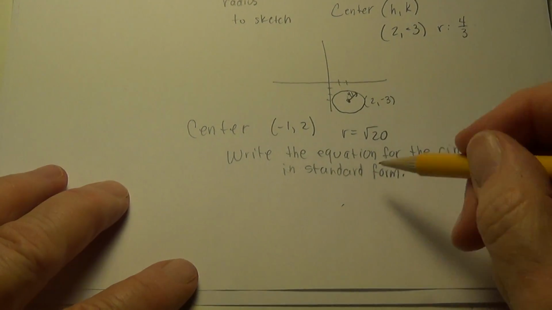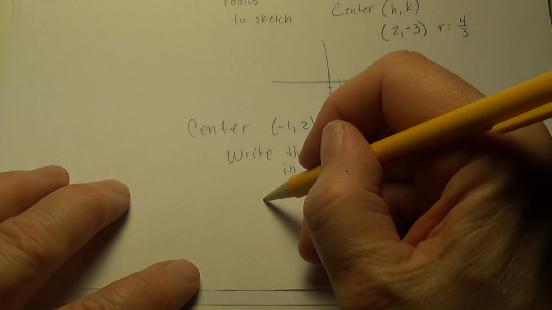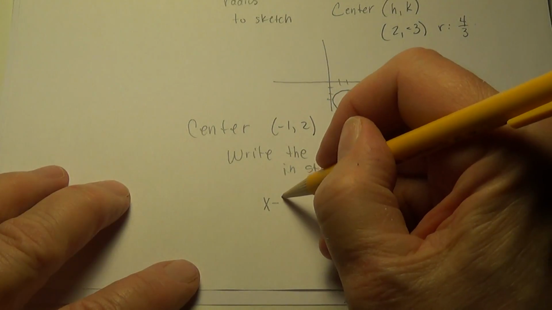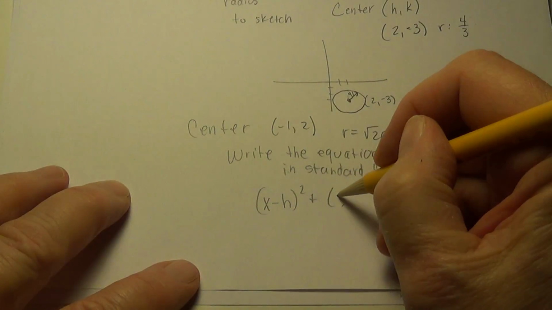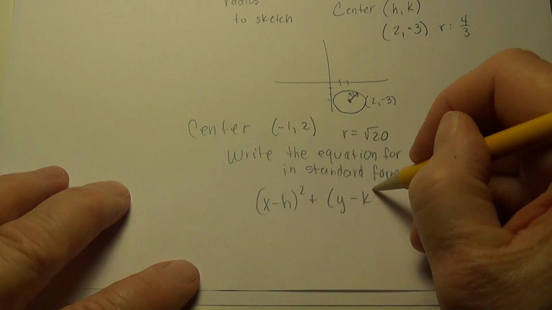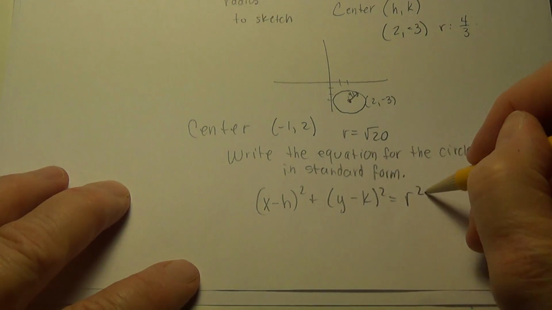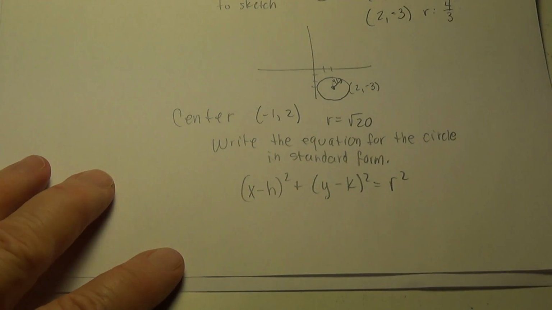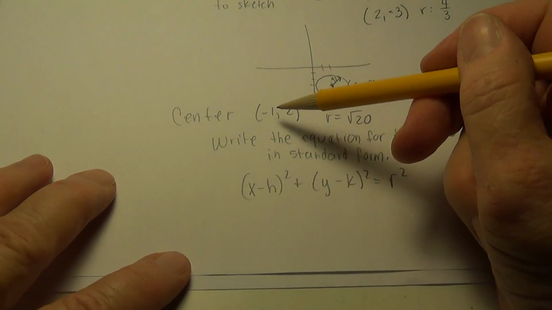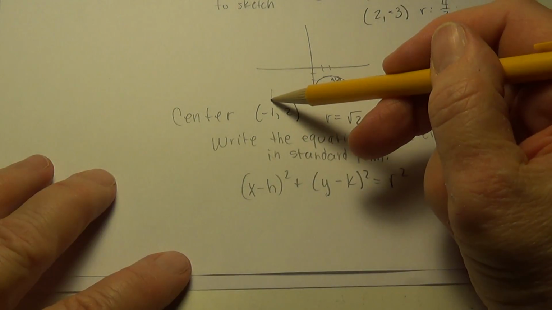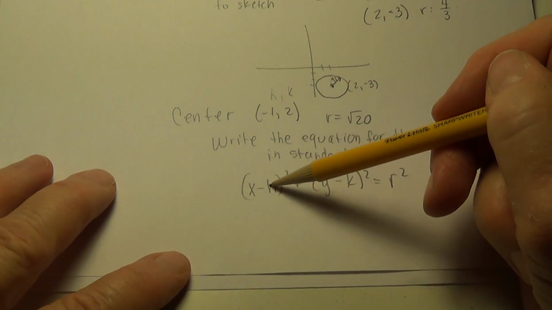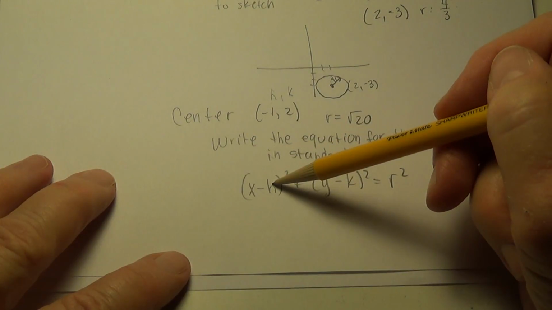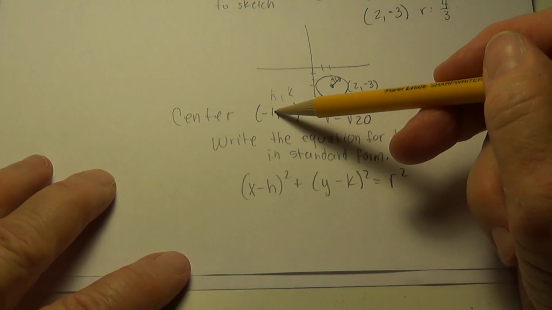All right, to do that, I know it's going to follow this pattern, x minus h, y minus k. All right, so I'm going to build from that. So I'm going to take my center. This is going to be my h and my k. According to the formula, though, I'm going to put it in with the opposite sign. So h is -1.